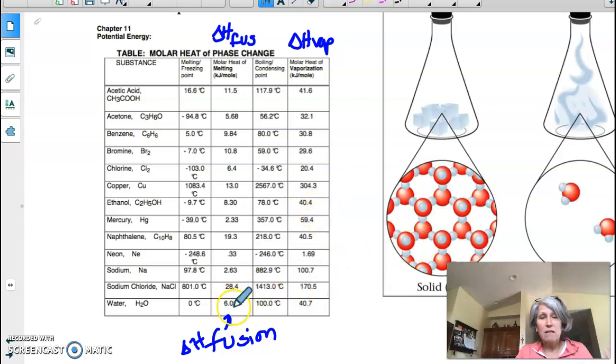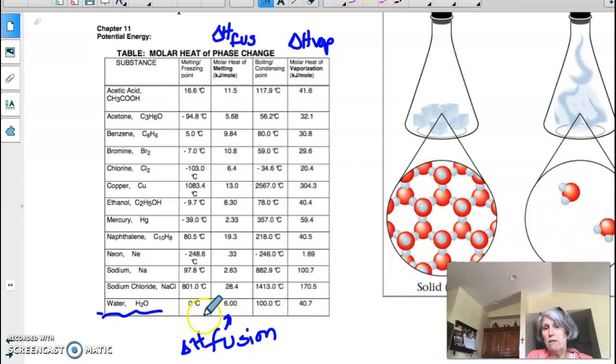So one of the last things I want to talk about, which is one that we use a lot here, is water. We know that water freezes, and it would take 6.0 kilojoules of energy in order to freeze that water. And that is a relatively low number compared to 40.7 kilojoules of energy to go from liquid water to steam.